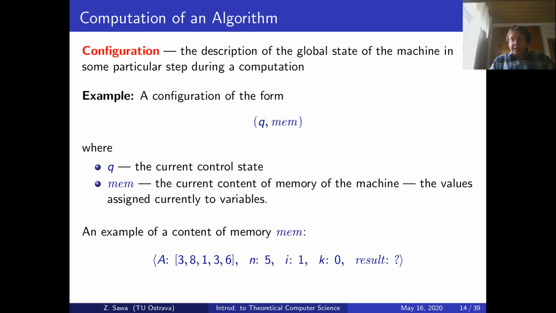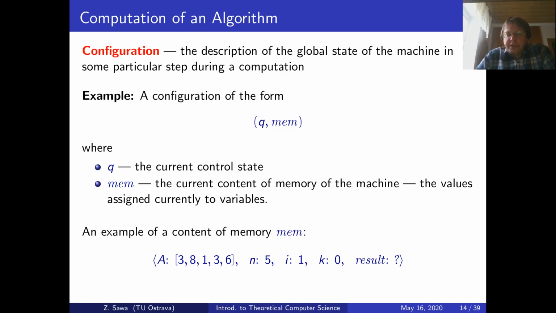We can imagine that we let the machine run, and we stop it at some moment, and we would like to describe its global state that captures all information that is needed for continuing the computation. So that is part of this configuration.